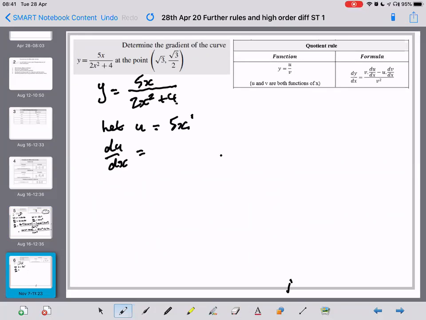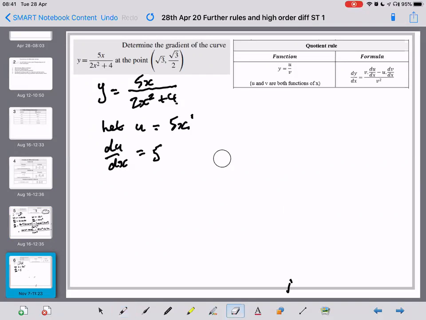And this becomes x to the 0. Any number to the power of 0 is equal to 1. So we just drop the x off, it becomes 5. du by dx is 5.